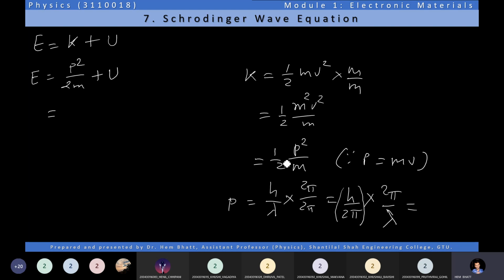What is h by 2 pi? H by 2 pi માટે એક symbol છે, if you know. Anyone? What is h by 2 pi? It is h cut. Okay. And 2 pi by lambda. કોઈને ખ્યાલ છે what is 2 pi by lambda?